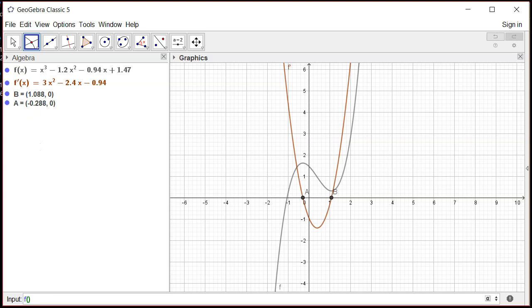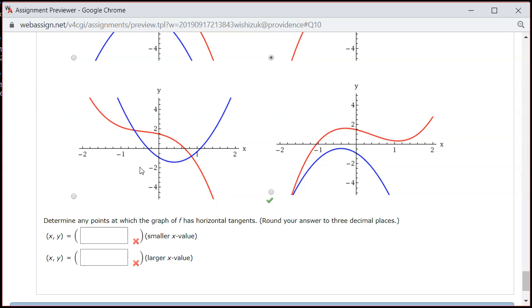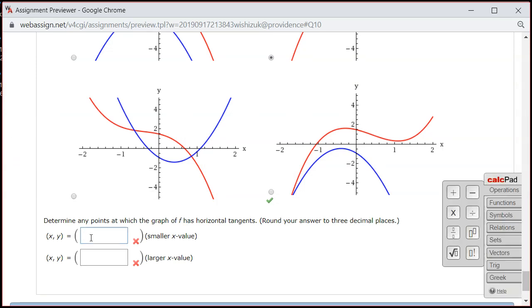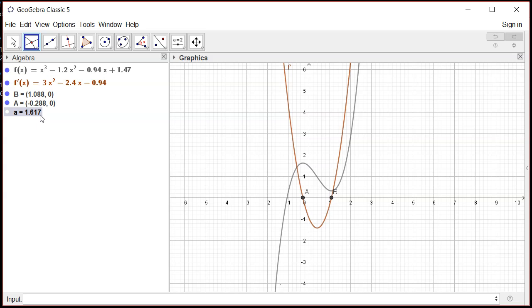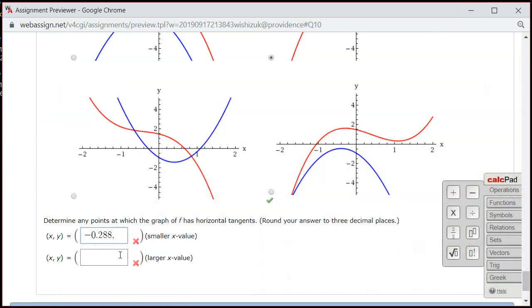So I'm going to plug in negative 0.288 and then hit enter. We get 1.617. So the first point is negative 0.288, and the corresponding y value is 1.617.